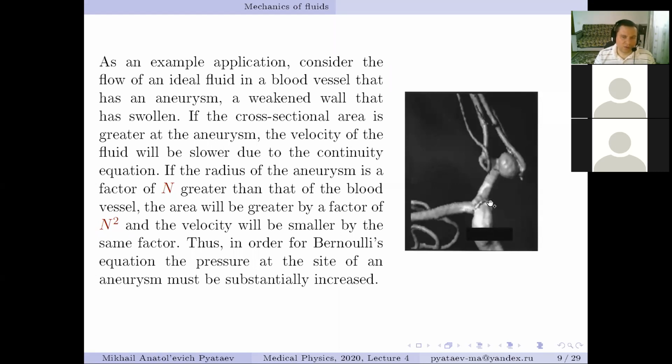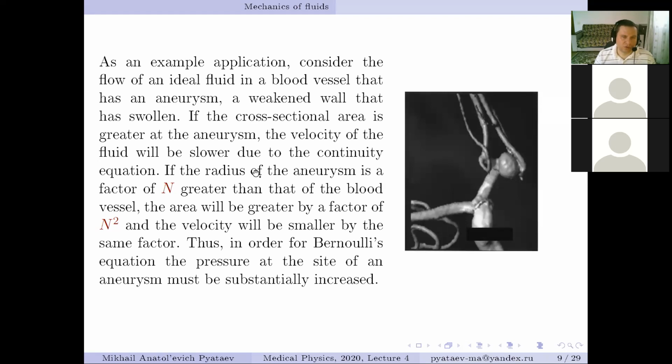And instead of easy flow, the pressure will be higher, and the pressure will continue to increase the damage of the vessel wall. That's why it is a very dangerous disease when an aneurysm appears.